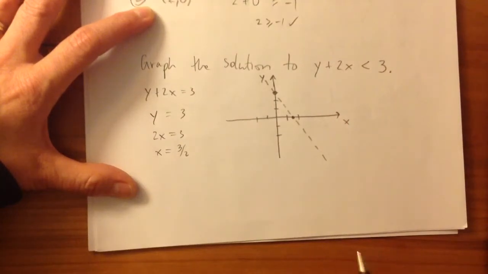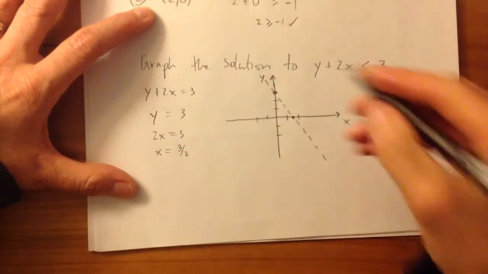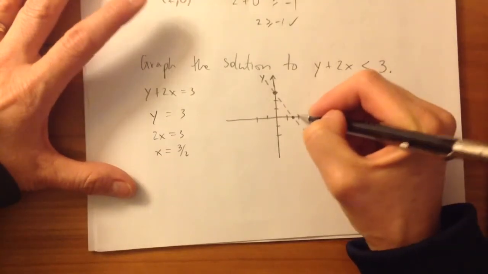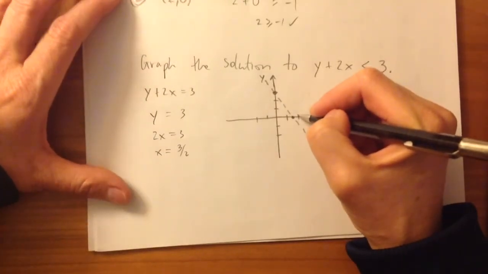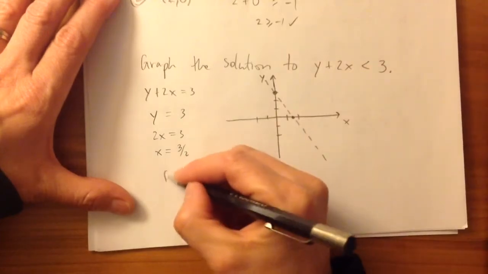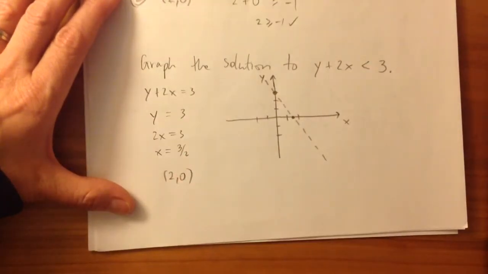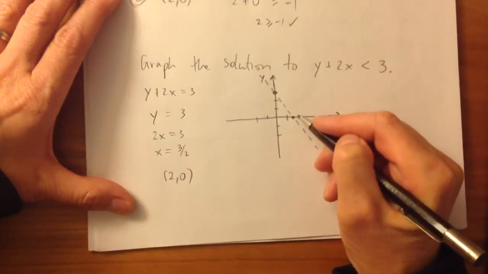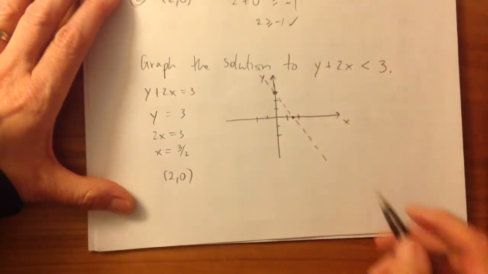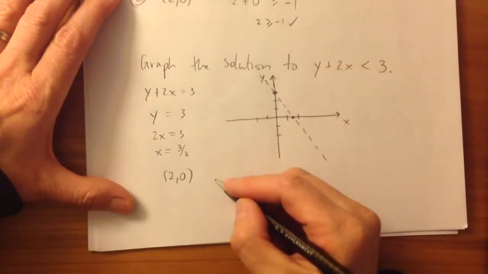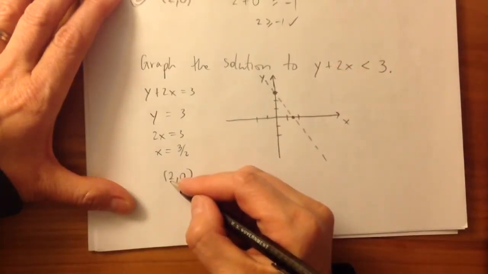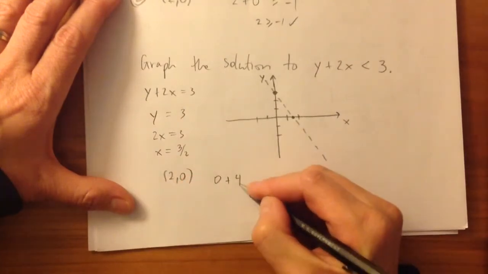All right, so now we're going to pick a point not on the line. I know that 1.5, 0 is on the line, so why not choose (2, 0) again? So we'll look at (2, 0), and the question is whether or not (2, 0) solves the inequality. So we have y is 0, so 0 plus 2x, and 2 times 2 is 4, so 0 plus 4.